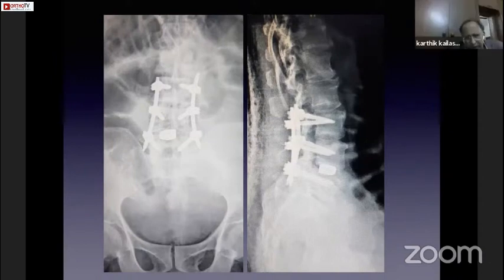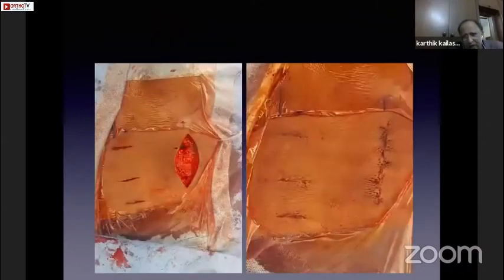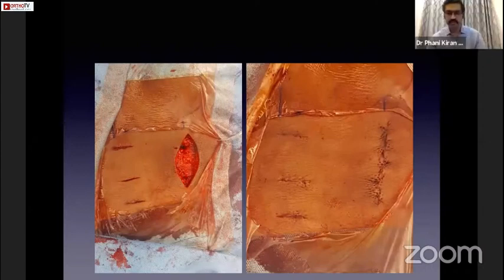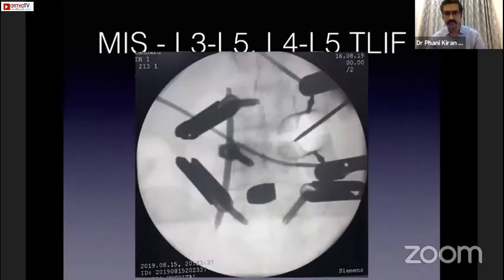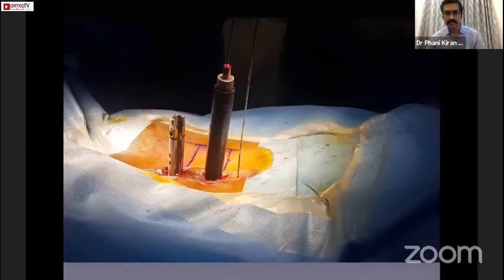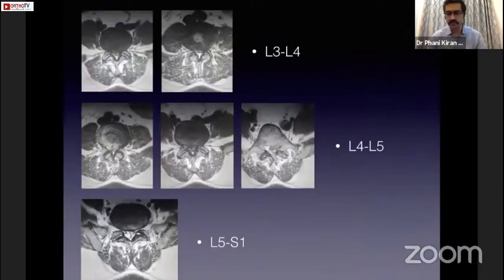So why would you want to extend your instrumentation to 3-4? A lot of people have felt that we could just do a decompression at that level. What was your rationale? Two reasons. One is that there was significant compression at L3-4 as well, with a very narrow canal. The facet joints were too close, so the decompression might actually aggravate the problem there, maybe leading to an instability.